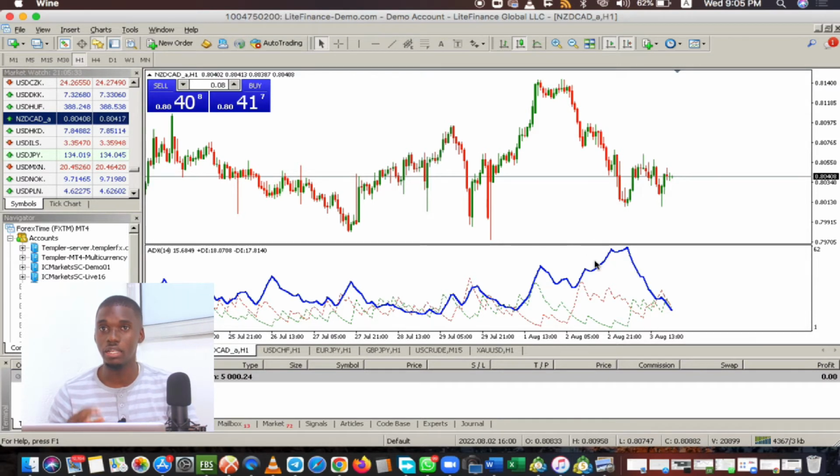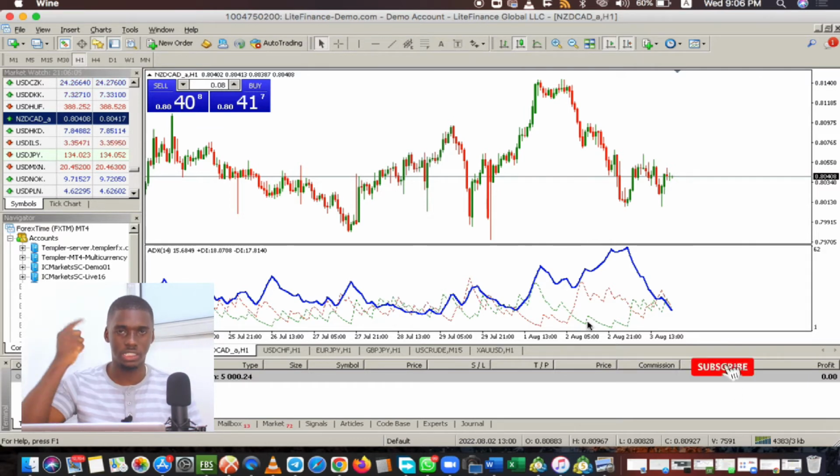The blue line, like I told you earlier, is the ADX itself. The dotted red line is the minus DI, and the dotted green line is the positive DI. The ADX first and foremost works within a range of 0 to 100. But remember, the ADX does not show us which direction.